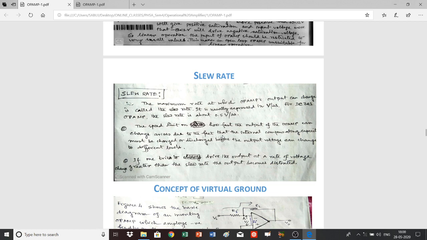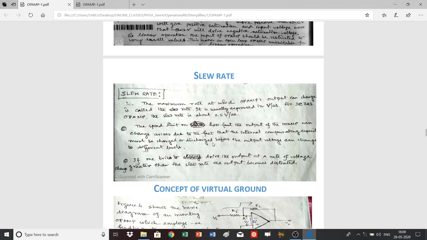An op-amp can be treated as operating very fast when the charging and discharging time of the internal compensating capacitor is less than the time taken for the output voltage to change from one level to another.